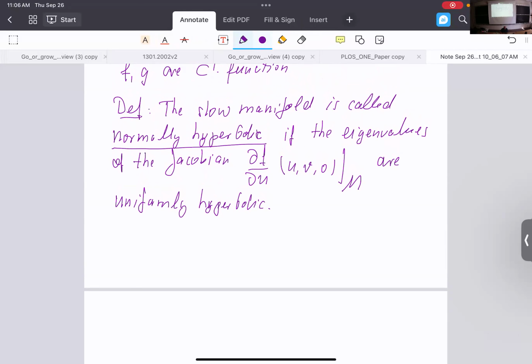It's a node or a stable spiral, etc. Only if it's not hyperbolic, we can have a center or eigenvalue equal to 0. And the same is now applied for a manifold, but a manifold is not a point. So we can only talk about hyperbolicity in perpendicular directions to the manifold itself.